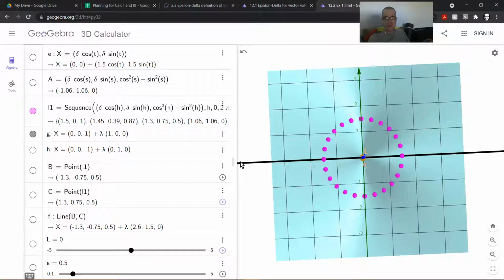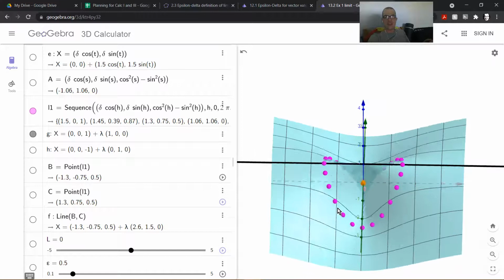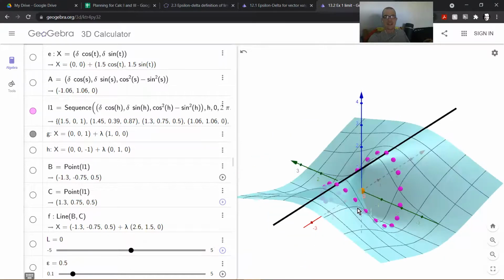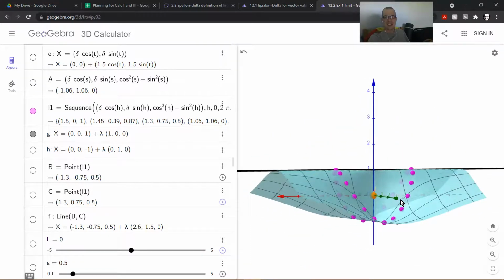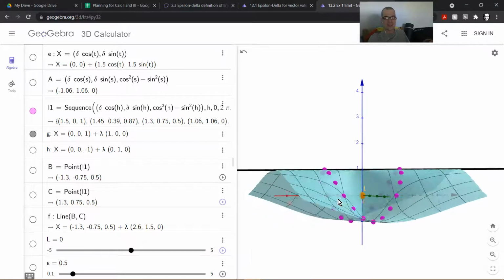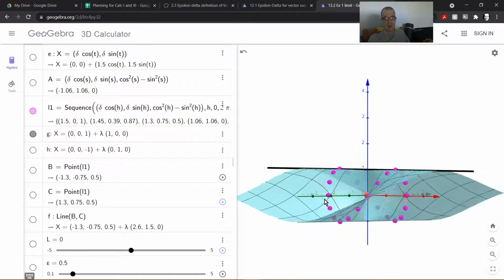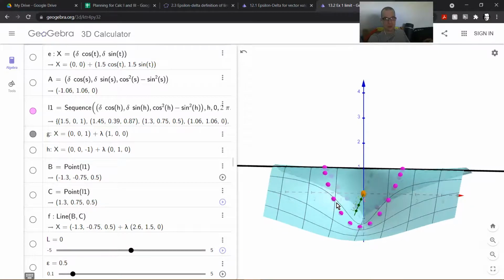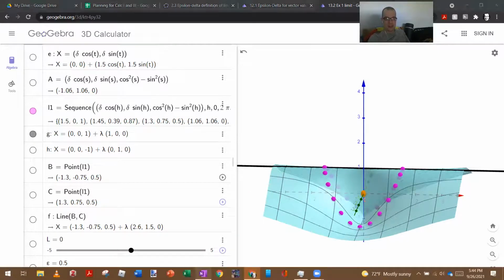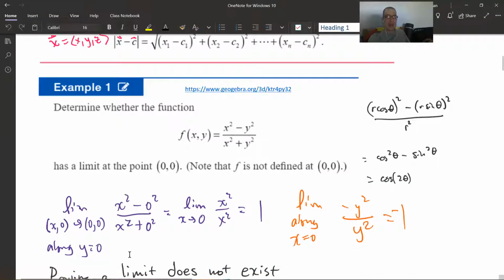All right, so imagine that we're taking this path towards the origin. You can see that this path has a constant z value of 1. And that will show up when we do this analytically over here in the purple.